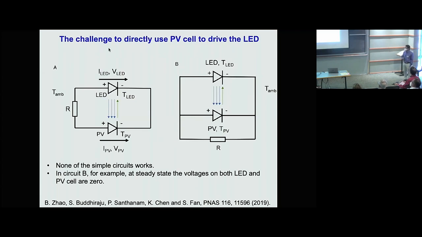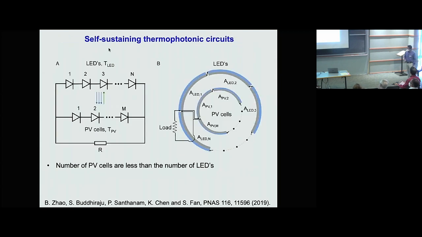So therefore, the key insight that Dr. Zhao had was that one really needs to break this balance in terms of photon number between the absorption and the emission process. And the idea that he came up with was to design a circuit that looked like this, where the number of LEDs in series is larger than the number of photovoltaic cells in series.